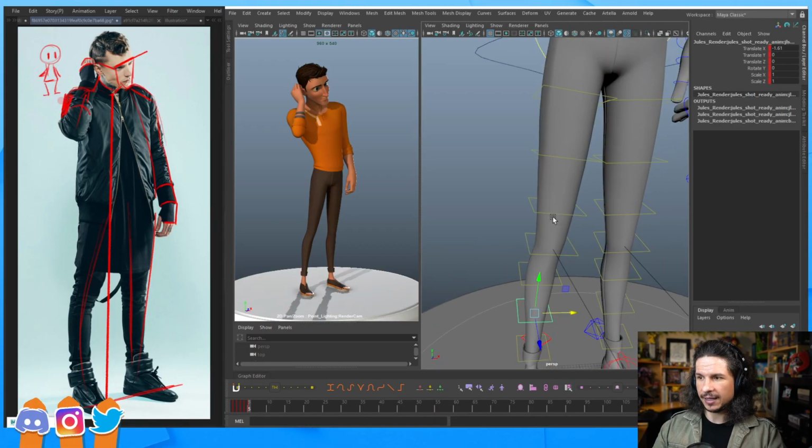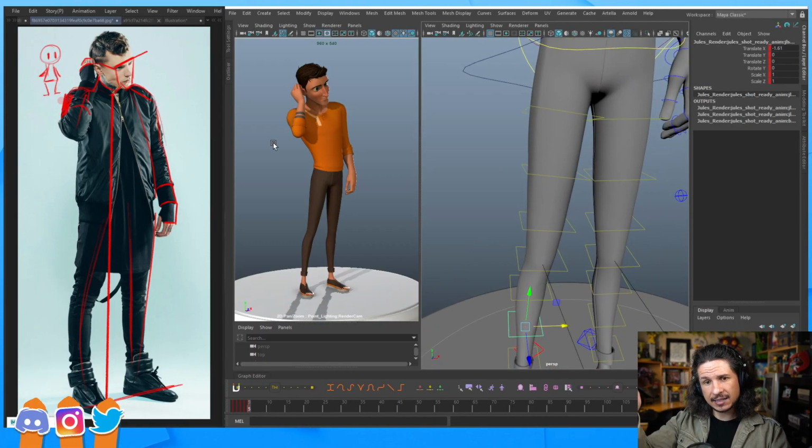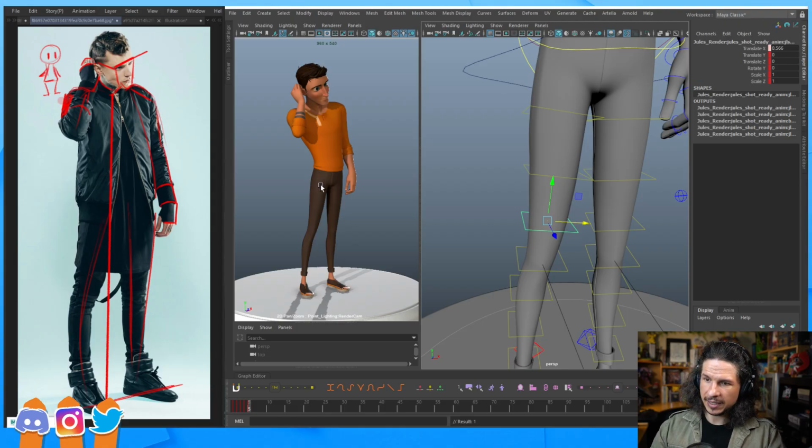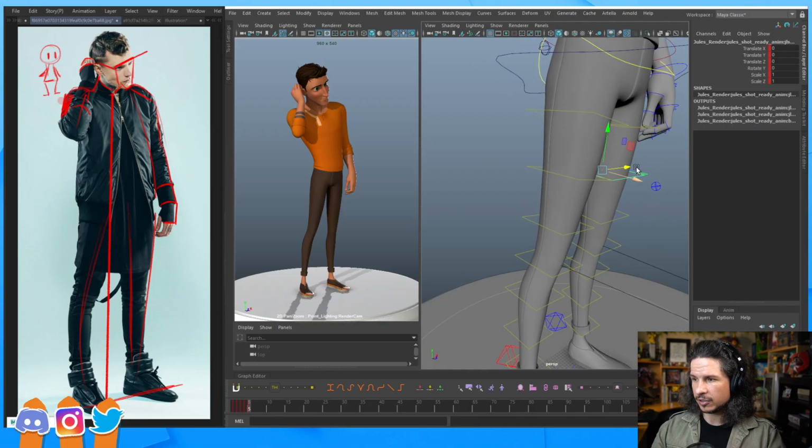Now for the thigh, the thigh has a little bit of an S curve to it. So I can take this and just move it in ever so slightly. Just a little bit. And we get this S shape to the thigh. The other one, we could do a similar thing. I'm going to bring out that thigh here.